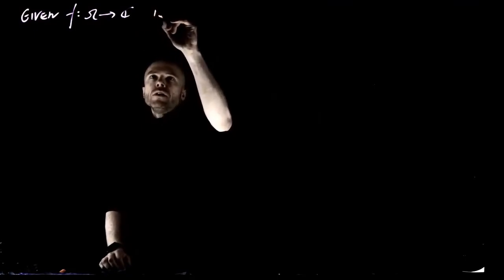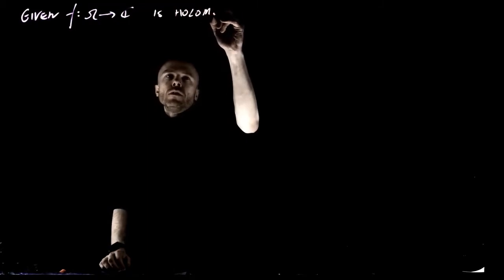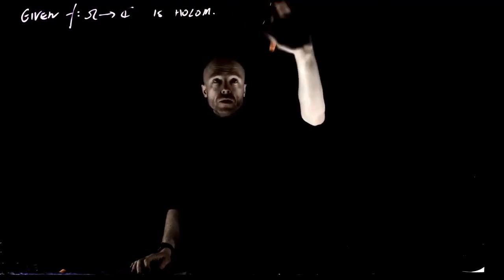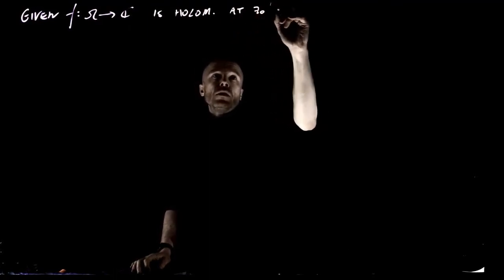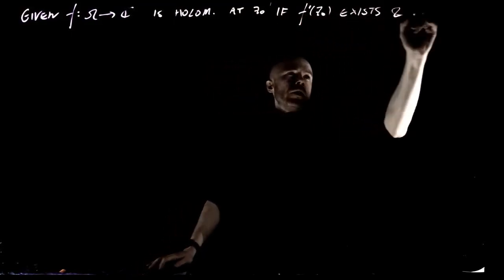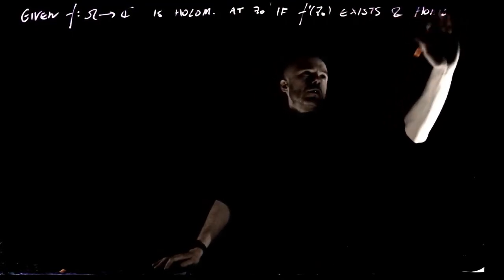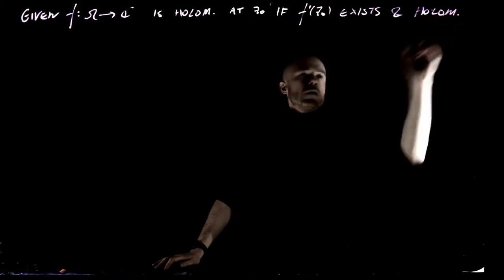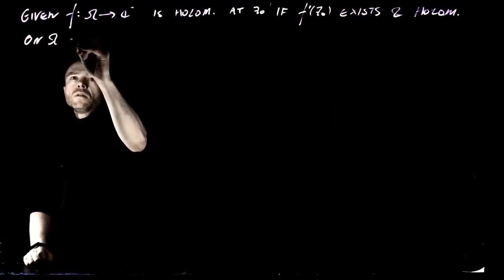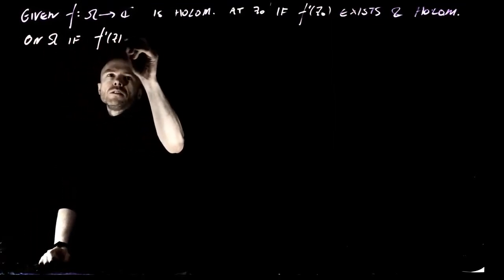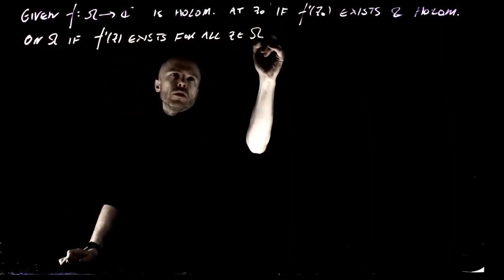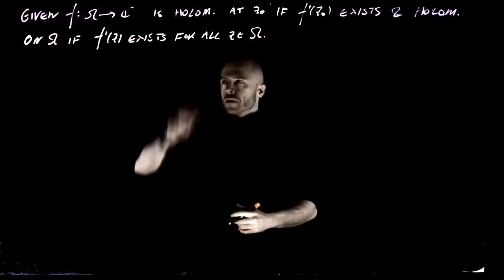So f is holomorphic at z0 if f prime of z0 exists, and holomorphic on omega if f prime of z exists for all z belonging to omega. Okay, that is the standard definition.